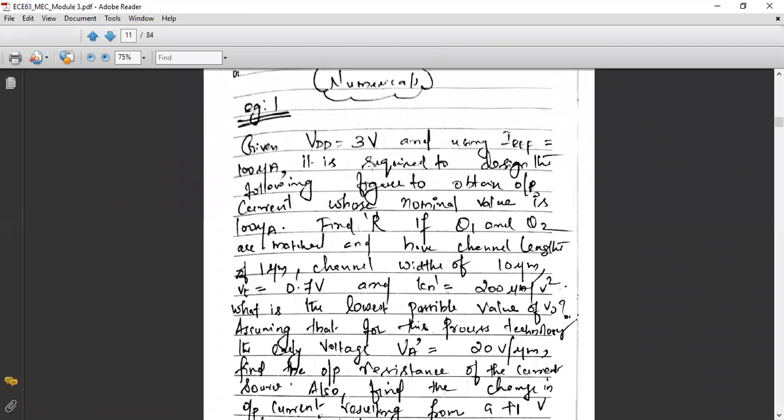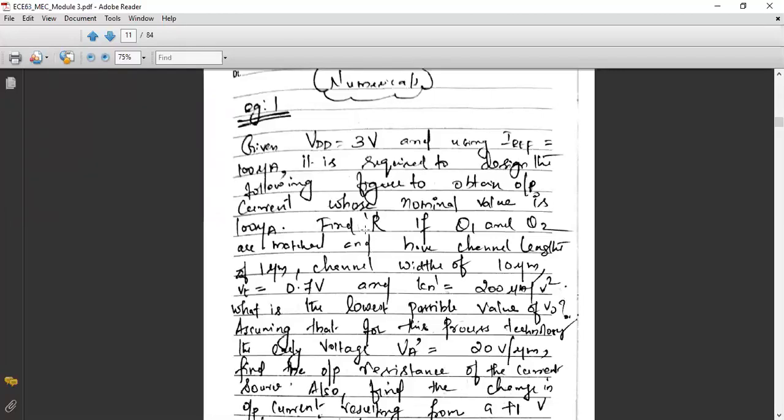In this particular circuit, you have been given I reference as well as I naught. I naught is nothing but the output current. Both currents are the same, 100 microampere. You need to find R. In the last class we studied the use of this resistance R, because R determines the reference current, and the reference current determines your output current along with the aspect ratio.